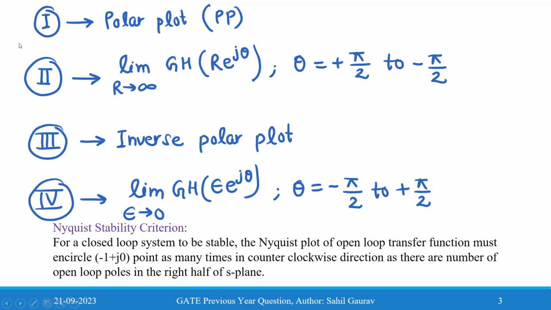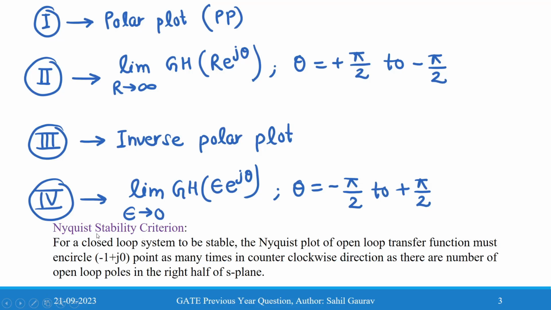Now with all these mappings we make the Nyquist plot, and from there we apply the Nyquist stability criterion to find whether the closed loop system is stable or not.